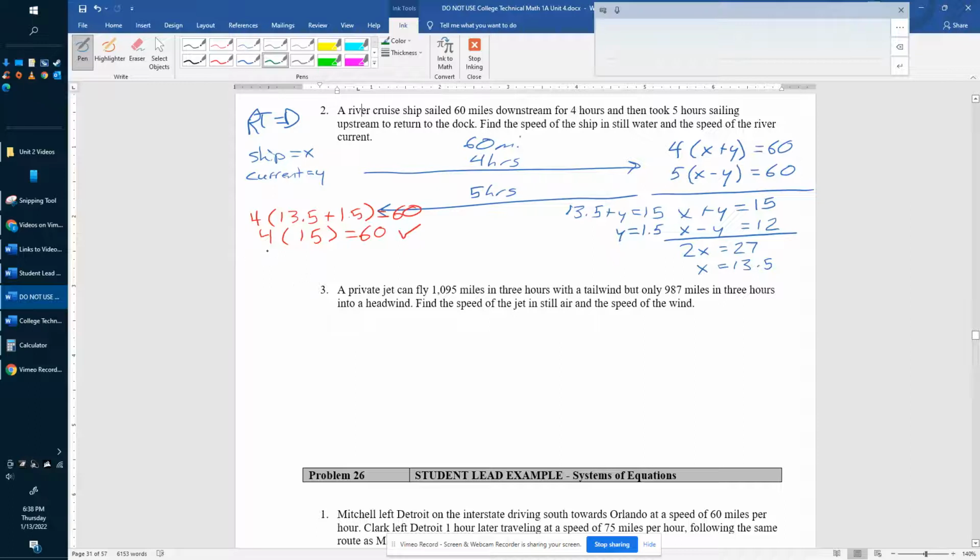Let's try the other one. 5 times 13.5 minus 1.5 equals 60. 5 times 12 equals 60, and yes, it does. So our current is 1.5 miles per hour, and our ship is 13.5 miles per hour.